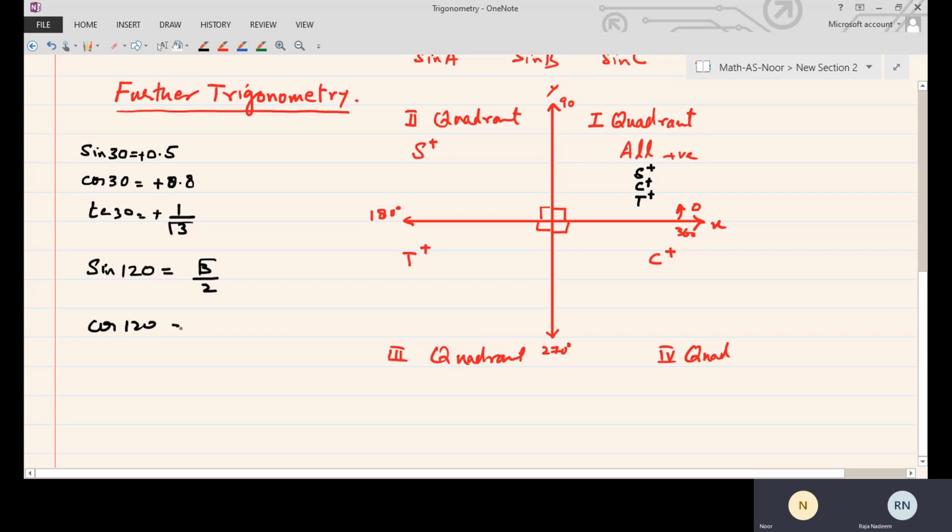Cos of 120 will give you the answer minus 1 over 2. Now for the very first time you'll see this negative sign with cos, and the angle is in the second quadrant. So tan of 120 will give you negative root 3.